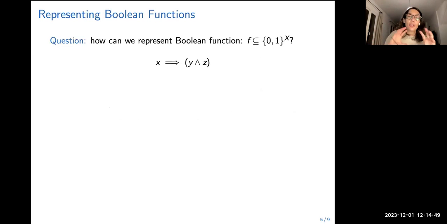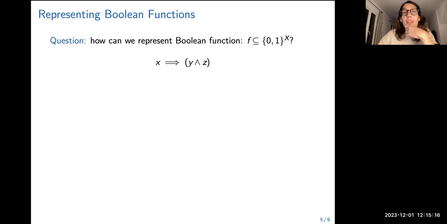So as I mentioned, the main tool that we're going to use are Boolean functions. Boolean functions are a subset of assignments, but just defined like that, they're not very easy to use. And so we need to find a smart way to represent them so that we can use them in the algorithm. This is an example of one way in which you can represent one.